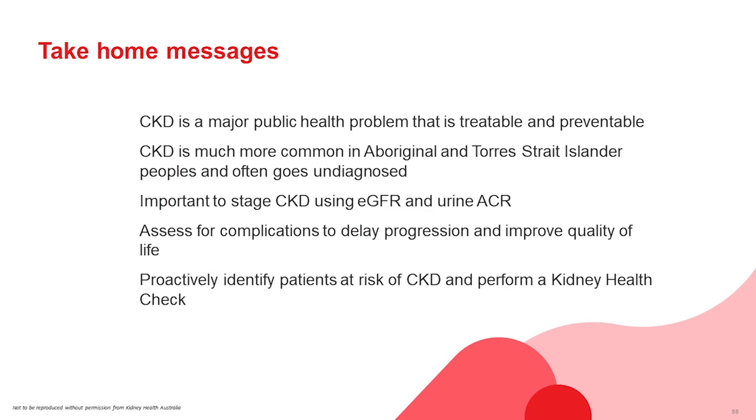So CKD is a major public health problem that is treatable and preventable. It's much more common in the Aboriginal and Torres Strait Islander peoples, and unfortunately often goes undiagnosed. It's important to stage CKD using eGFR and urine ACR, and obviously assess for complications to delay progression and improve quality of life, and proactively identify patients at risk of CKD and perform a kidney health check.